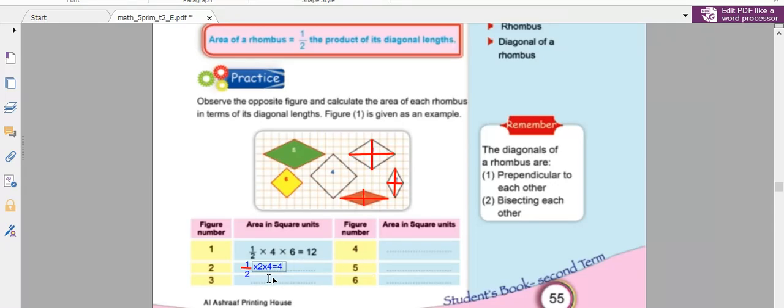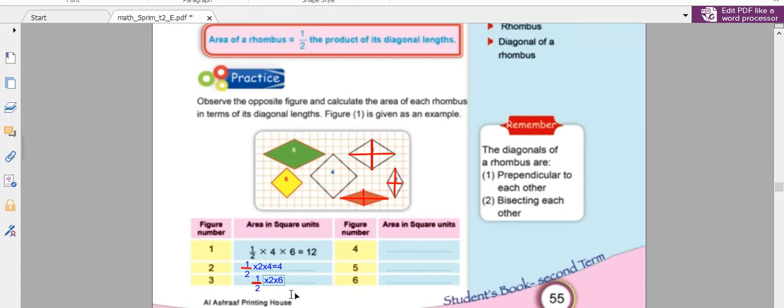Let's do number 3. Half times, according to units, this diagonal is 1, 2, so it is 2 units, times this diagonal: 1, 2, 3, 4, 5, 6.